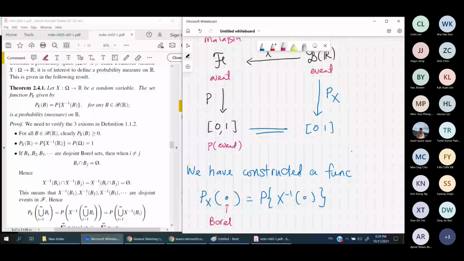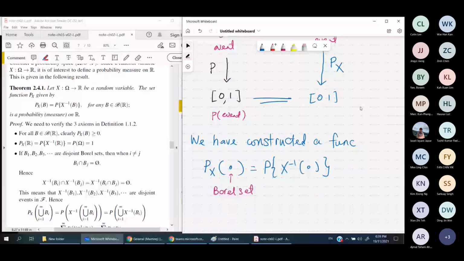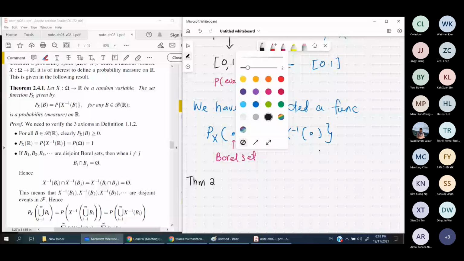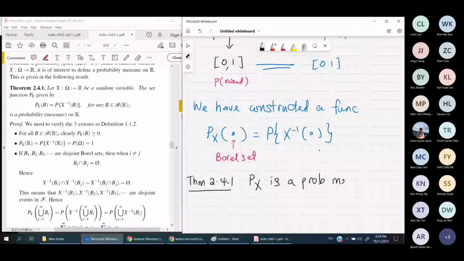So we have constructed this. Before that, we need to verify this P_X is a probability measure. Under this construction, we have this theorem: P_X is a probability measure on R.